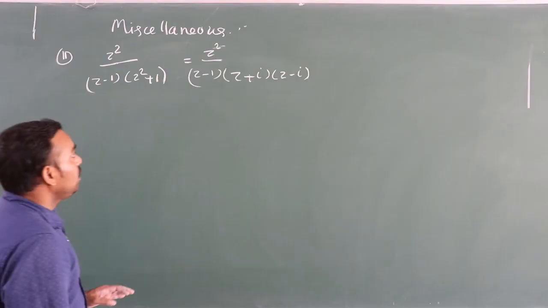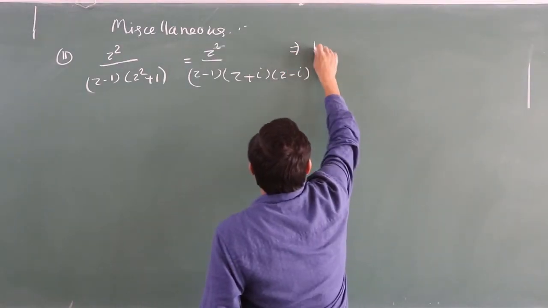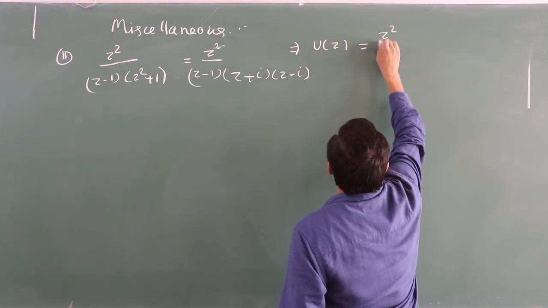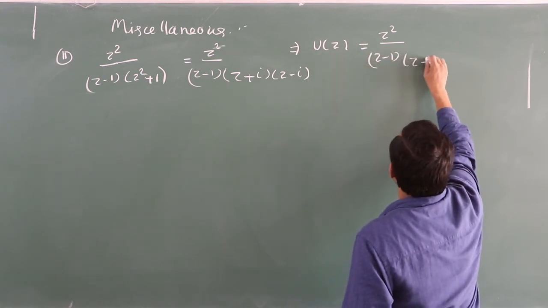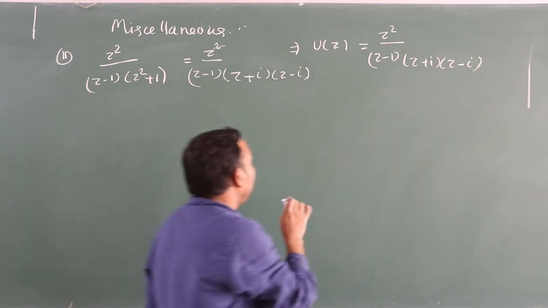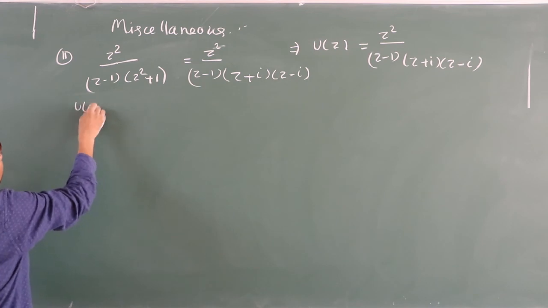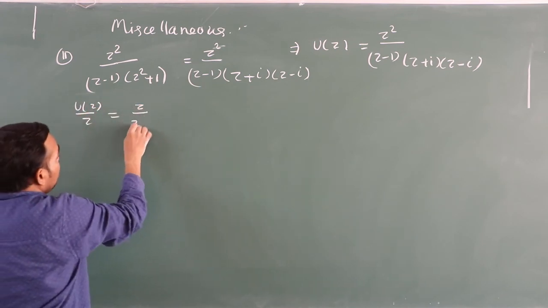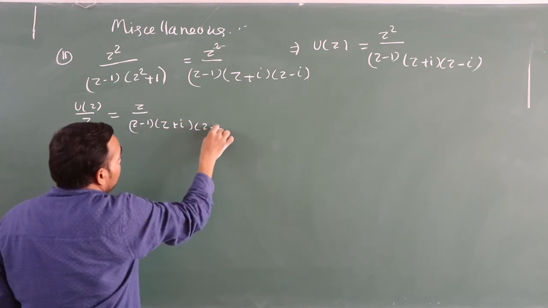Write U of z equals z upon (z minus 1)(z plus i)(z minus i). In partial fraction, if possible, write in terms of U(z) upon z, that is z upon (z minus 1)(z plus i)(z minus i).